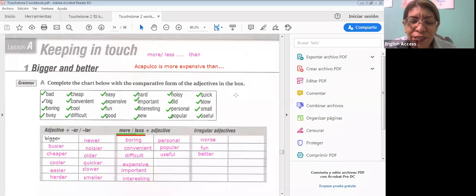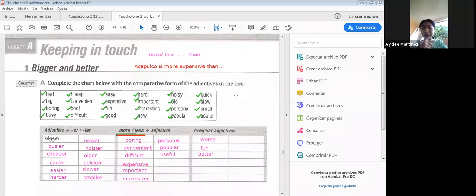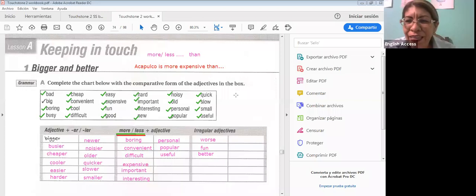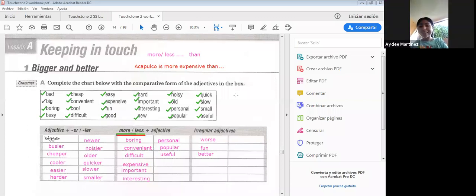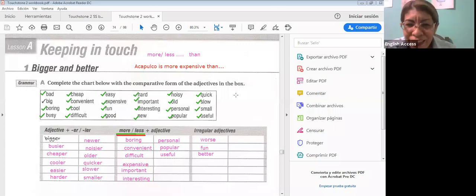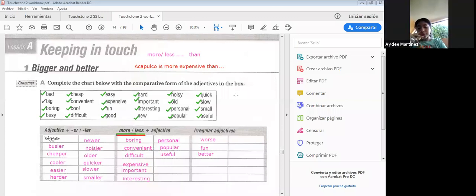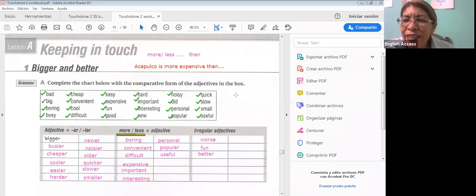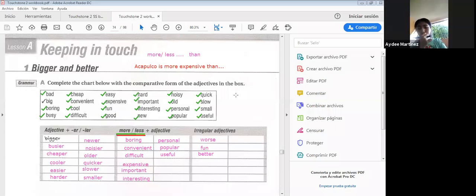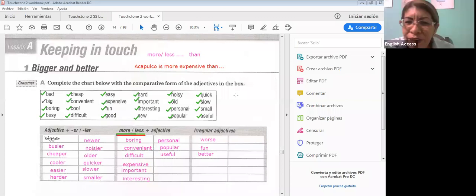Or just easier? It's easier. Easier. Is easier than what? That's me. What is chemistry? Okay, chemistry, correct. Okay, Julio, your examples.